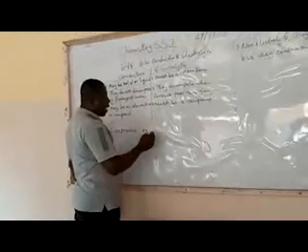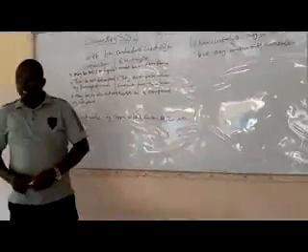Examples of electrodes: we can have a copper electrode, nickel electrode, carbon electrode, aluminium electrode, zinc electrode, and so on. As long as it is metal, it can serve as an electrode.